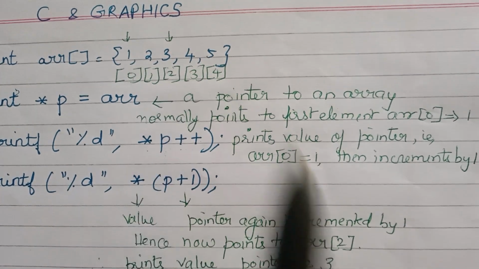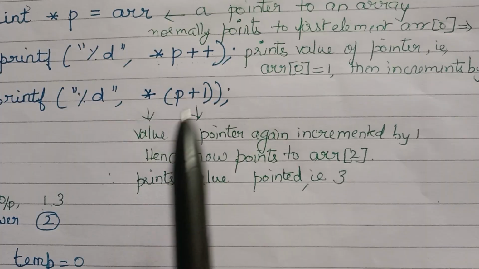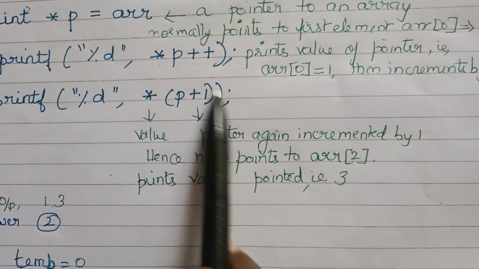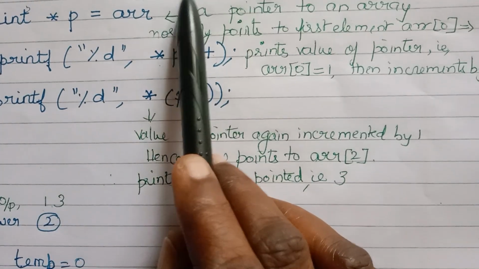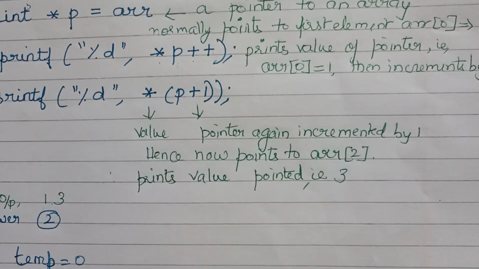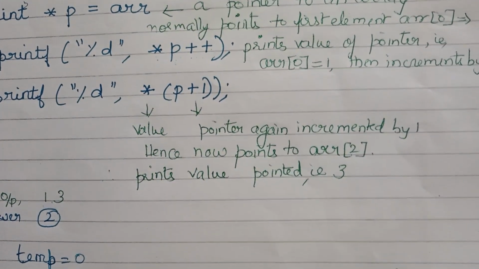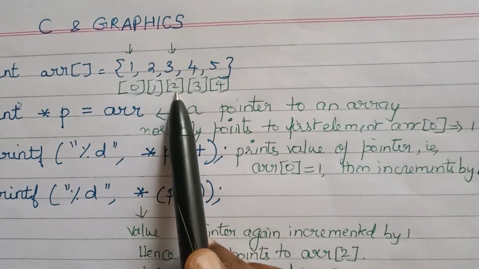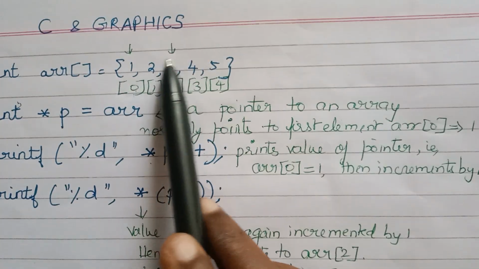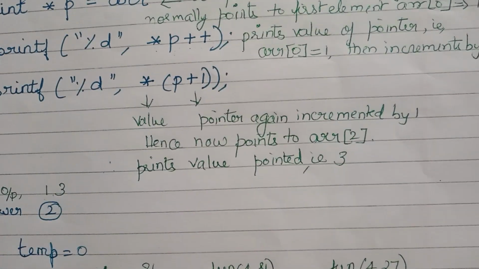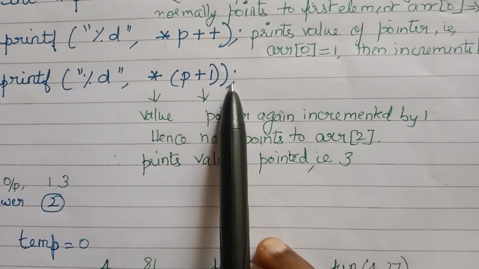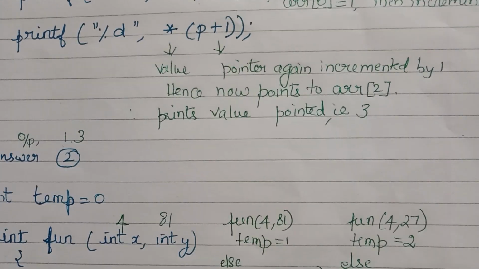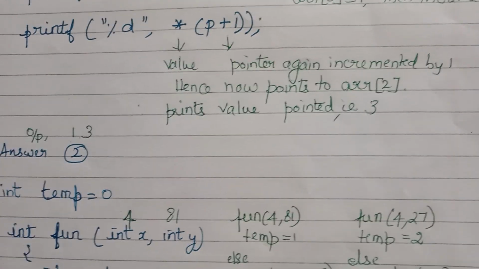It will point to this position. Hence, what will be the value? This statement means *(p+1), the address of 2, which is 3. So the output will be 3, and the other value is 1. Hence the output will be 1 and 3, and the answer will be 2.